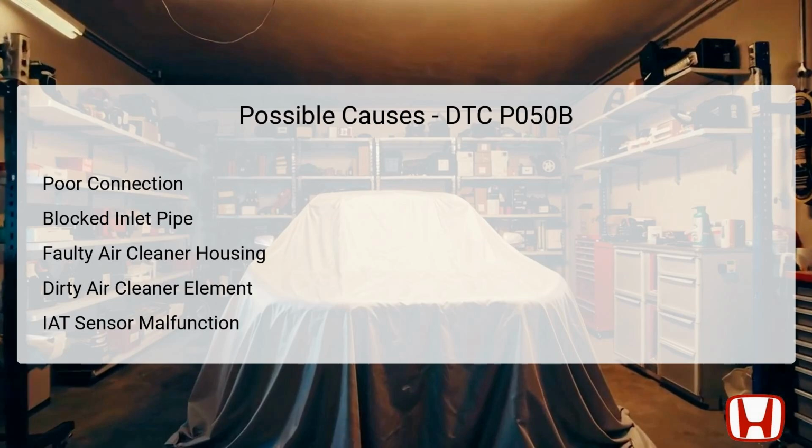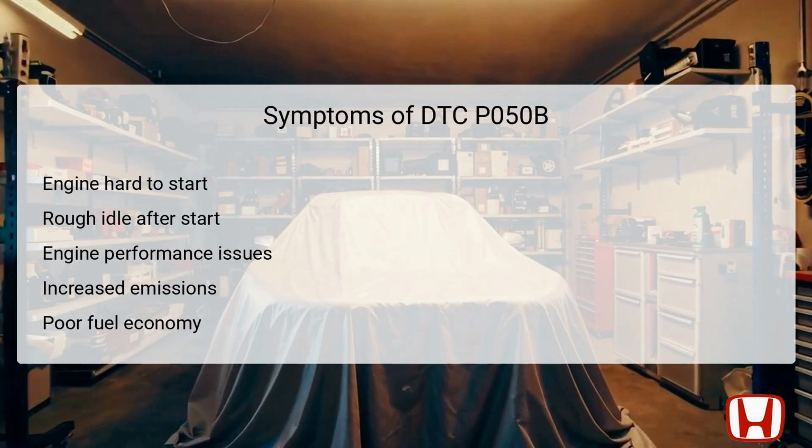Additionally, if the air cleaner element is dirty, it restricts airflow, impacting combustion efficiency and timing. Lastly, a malfunctioning IAT sensor can provide inaccurate temperature readings, misguiding the ECM in its timing control function, ultimately triggering the P050B error code.